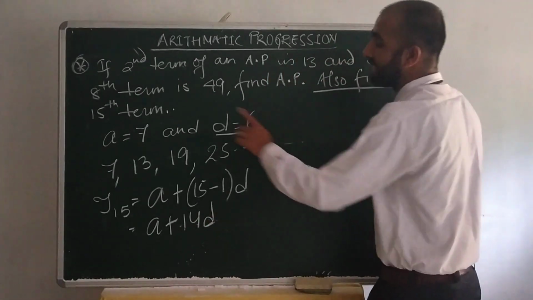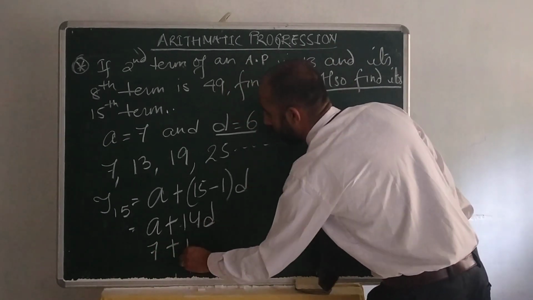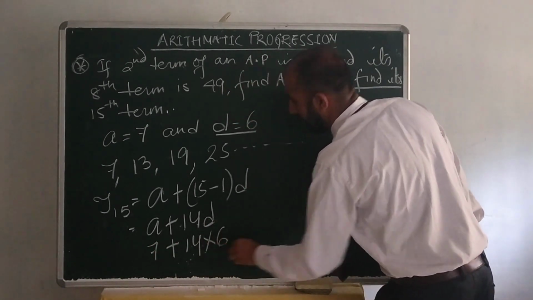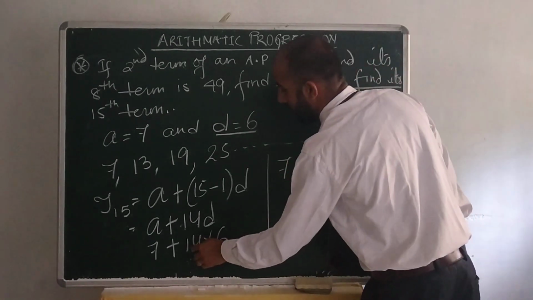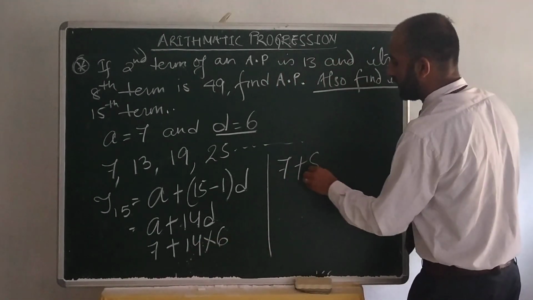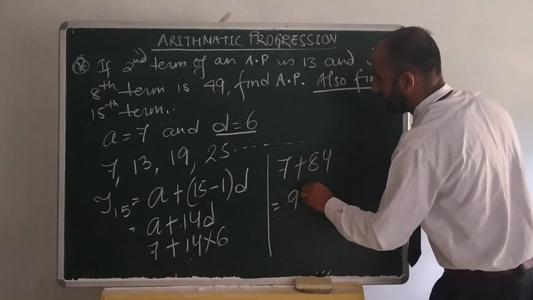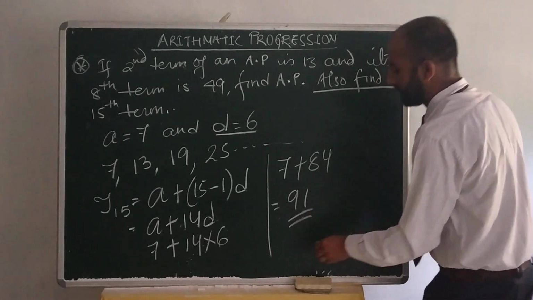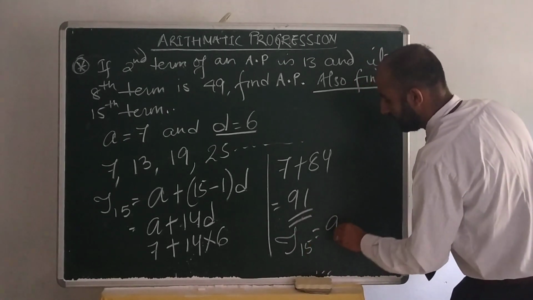So we got a as 7 plus 14 into 6. So 14 6s are 84. So 84 plus 7 will give you 91. So the 15th term is 91.